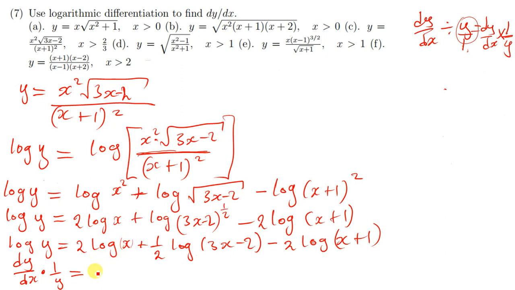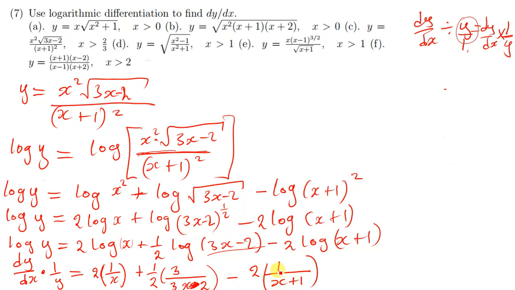So when you differentiate this function, we're going to get 1, then divided by the original function, which is x. And you say plus 1 over 2, and then differentiate this function there, you are getting 3, then divide by the original function, which is 3x minus 2. Then we also do the same there, we have 2, we differentiate the function there, this will give you 1, and then everything divided by the original function, x plus 1. So we can now simplify this further.